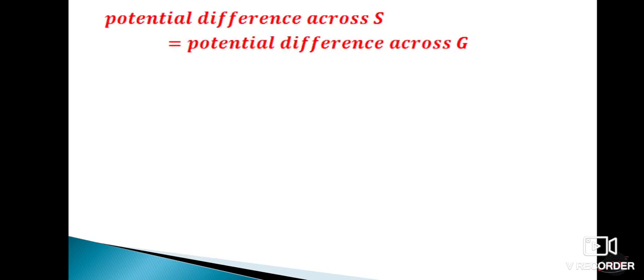To calculate how much low resistance is required to connect in parallel, the potential difference across S must be equal to the potential difference across G. Therefore, the potential difference across S is (I minus Ig) into S, which is equal to the potential difference across G, that is Ig into G. Multiplying out the S term, IS minus IgS is equal to IgG.